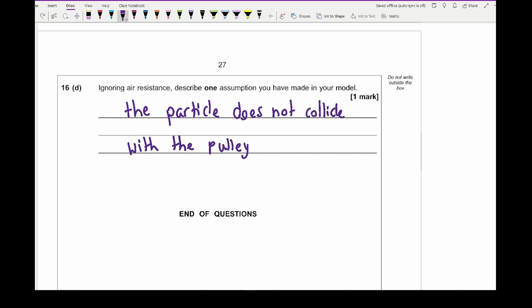The only thing not been mentioned, but as that 5 kilogram weight comes down and reaches the ground, we have to assume that the triangular weight won't reach the pulley before that 5 kilogram weight hits the ground.